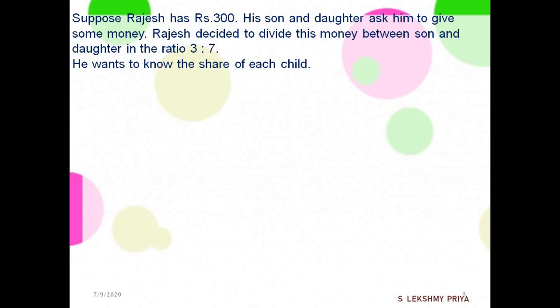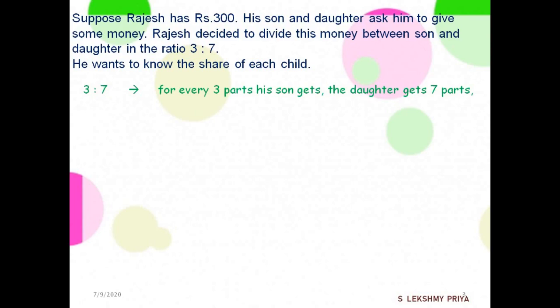The ratio is 3:7. Just think, what is the meaning of this ratio 3:7? 3:7 means for every 3 parts his son gets, the daughter gets 7 parts.